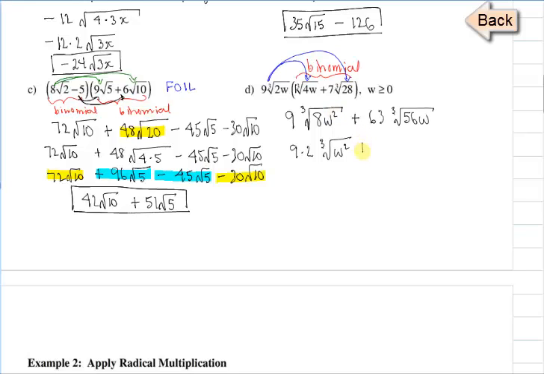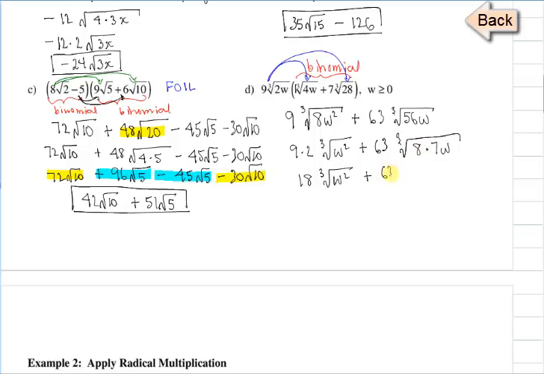And then on the next one, I'm going to rewrite 56 so that I have a perfect cube times a remaining factor, and the largest perfect cube that fits into 56 is 8, and then times 7, because 8 times 7 is 56, and I have a w. Okay, so we'll go back to the beginning here. 9 times 2 is 18 cube root of w squared, plus the cube root of 8 is 2.